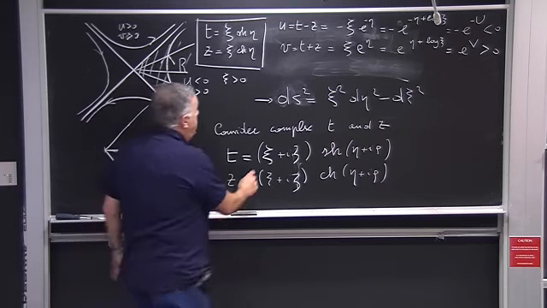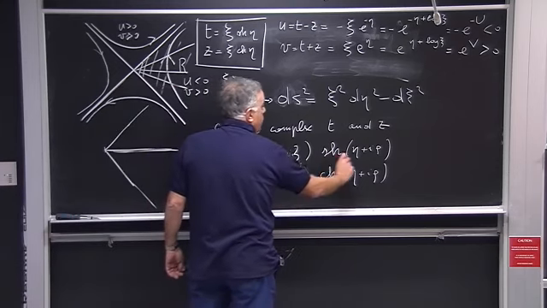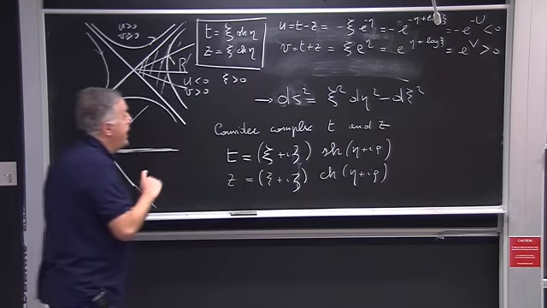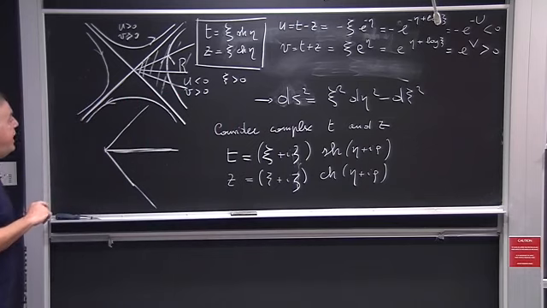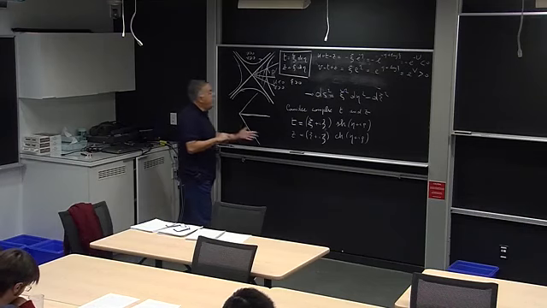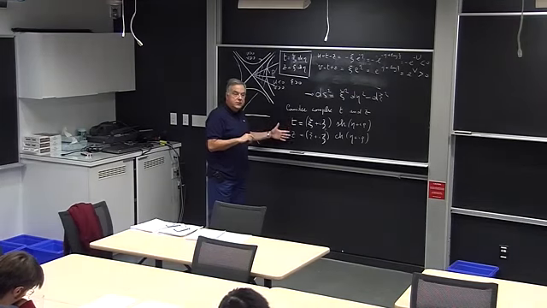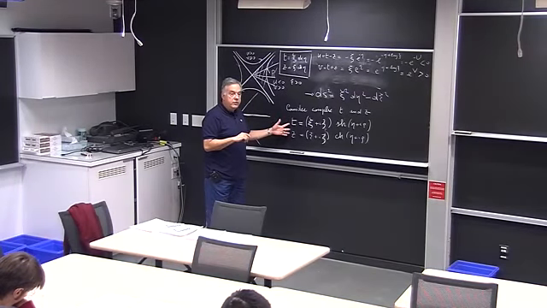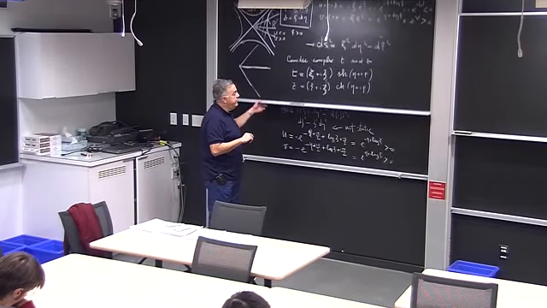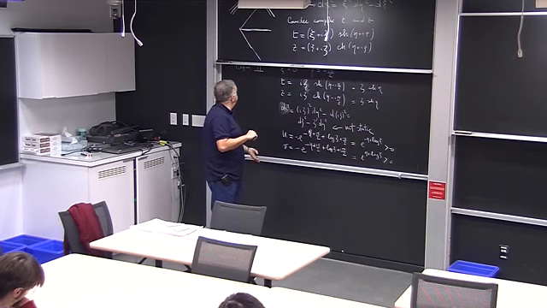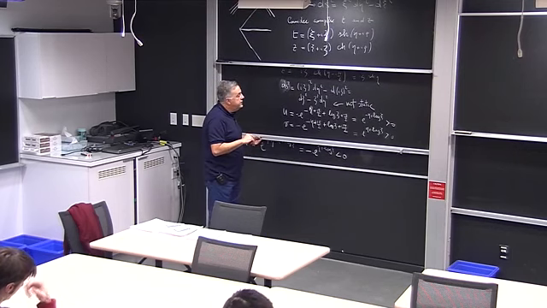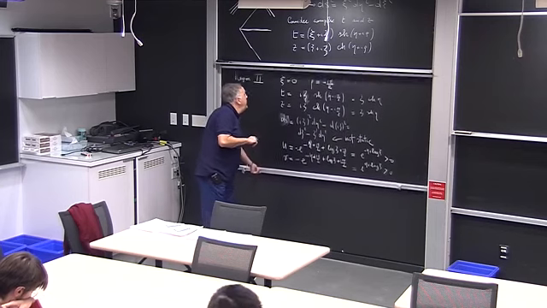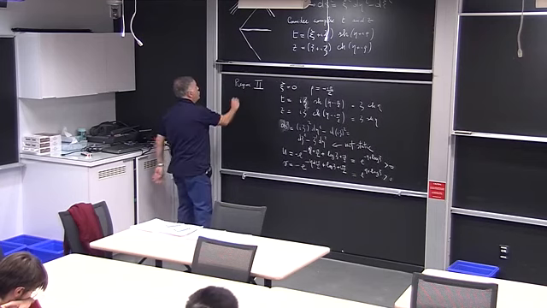So consider complex Rindler coordinates, okay? And you ask yourself if there are other real sheets of this complex manifold. So the first sheet that you obtain is region 2.